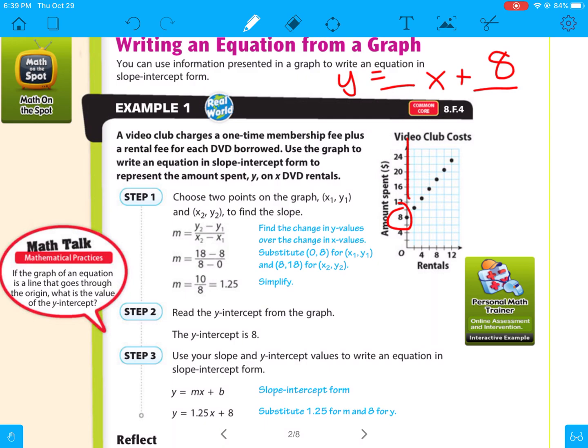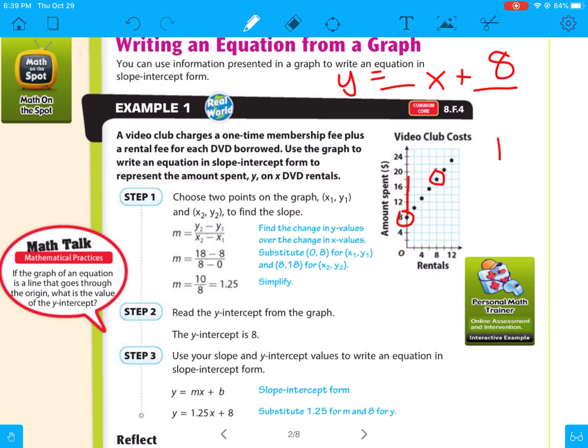Now you have to find your slope. And to find your slope, there's a couple of different ways you can do it. You can find 2 perfect points on the graph, which looks like there's one and there's one. And you can do rise divided by run. So these are going up by 2s. So it goes 8 to 18.